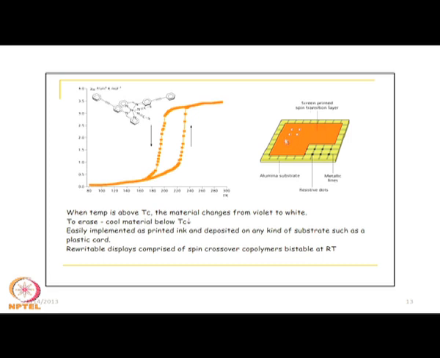The spin transition layer is deposited over there, then we have the metallic line, alumina substrate and resistive dots. It is easily implemented as a printed ink and deposited on any kind of substrate, such as a plastic card. So, rewritable displays comprised of spin crossover copolymers are bistable at room temperature. That means in one case it will be stable in high spin and in another case it will be in the low spin state.